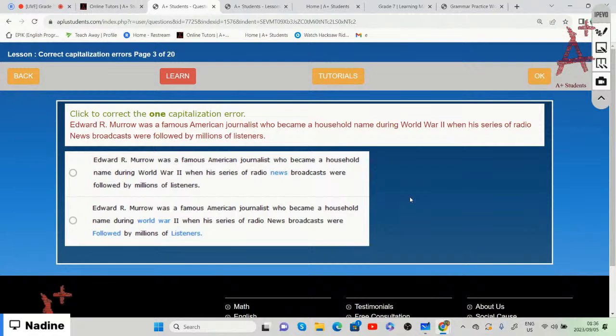In option 1, the capitalization error is either news, that is lowercase, or World War, that is lowercase, followed, which is capital letter, and listeners, which is capital letters. And if we choose the correct one, we are going to say option one, because we are correcting news, which needs to be lowercase.